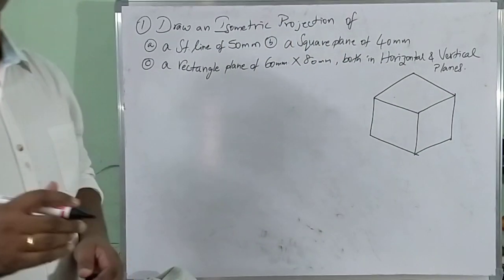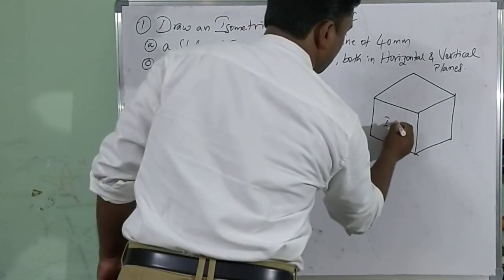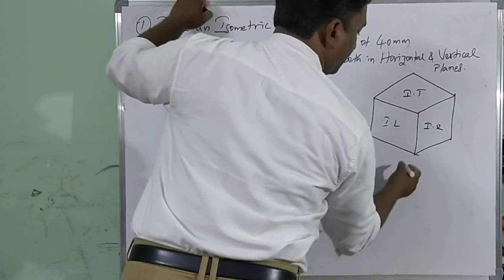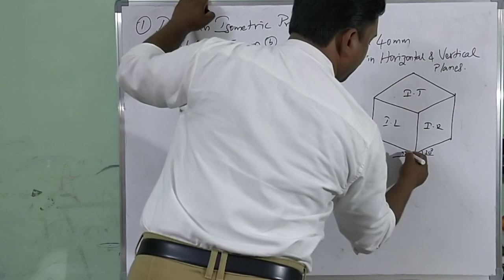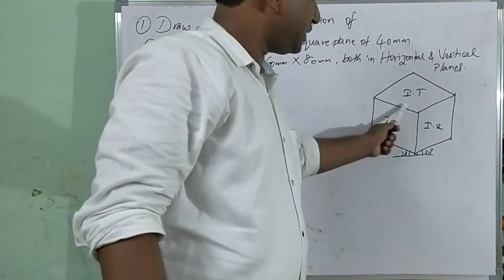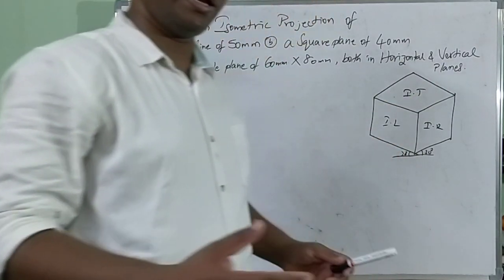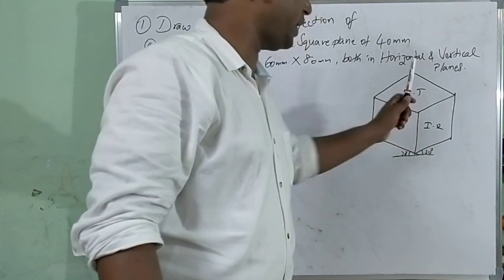This is iso left, iso right, iso top. Here I just remind you the angles will be 30 degrees each. With respect to this intersection, these are called isometric axes. These are called isometric lines, parallel. Isometric planes: iso left plane, iso right plane, iso top plane.